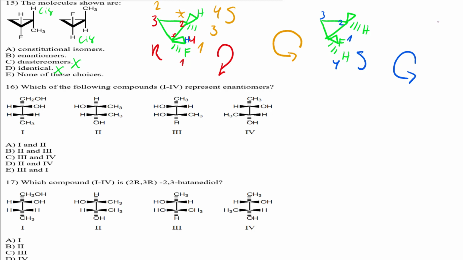Alright, what about the top one? Well, the top one, do I want a carbon with a fluorine? Yeah, for sure, I'm going to put that as 1. And do I want a CH2 or do I want a CH3? I want the CH2. Right there, that's going to be 3. That's 4. So that's 1, 2, 3. Right? Hydrogen is in the back.